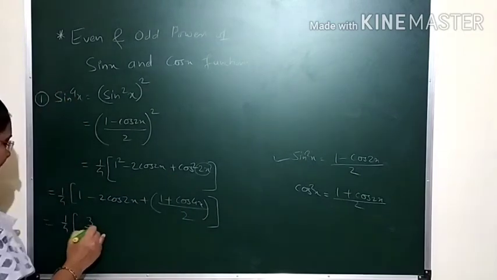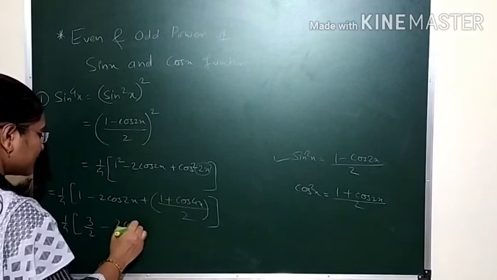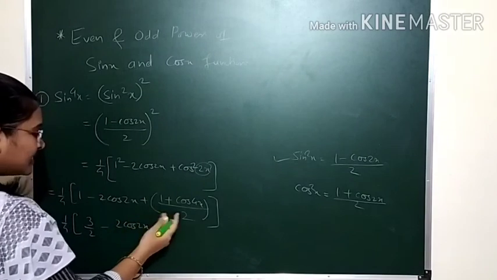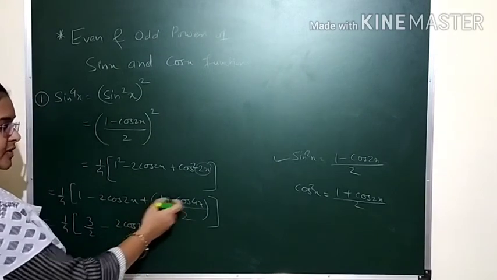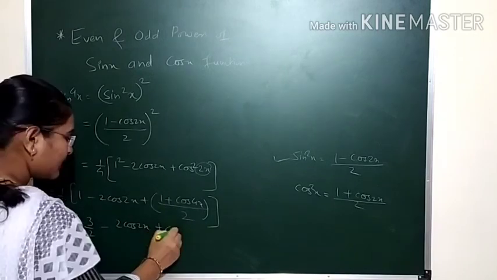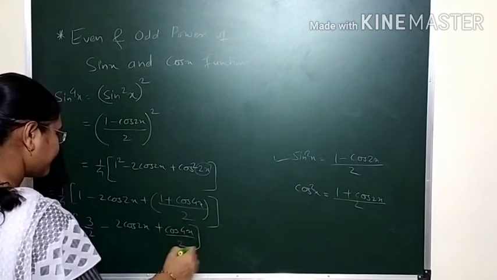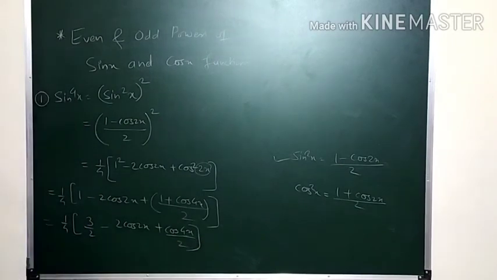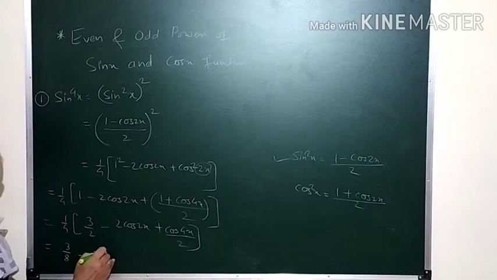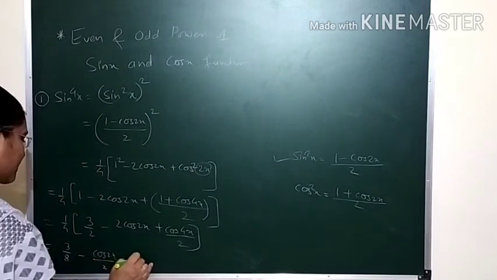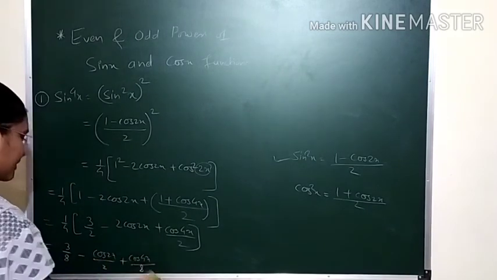So it is 3 by 2 minus 2 cos 2x plus, now we have separated the 2 with 1 and also with cos 4x, so it will be cos 4x by 2. Getting any doubt in this? If we multiply this 1 by 4 inside, it will be 1 by 8 minus 2 upon 4, that is cos 2x upon 2, plus cos 4x upon 8.